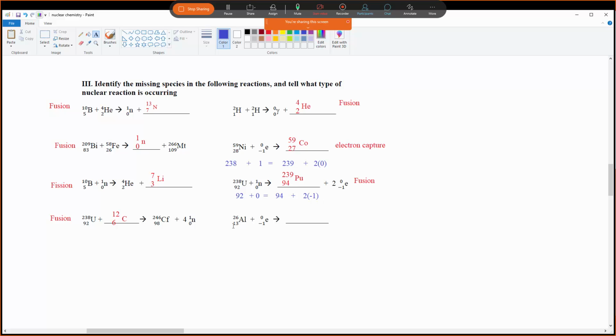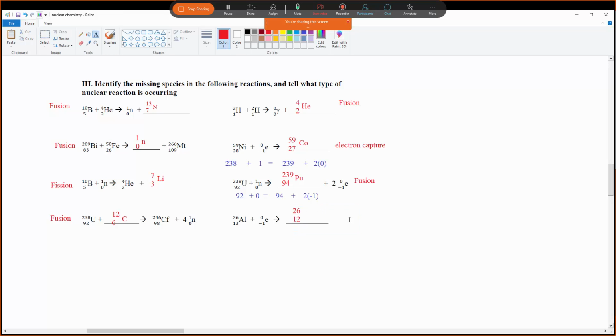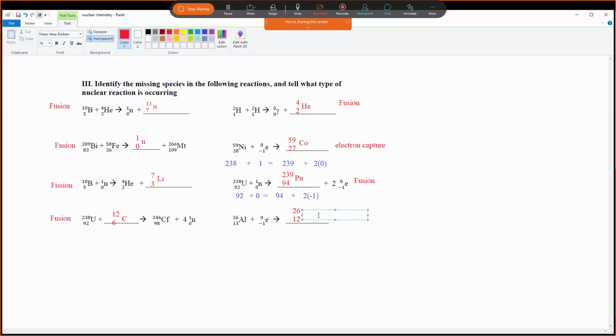All right. Last guy here, we've got aluminum 26, 13. So 26 plus 0 gives me 26 on the top, and then 13 minus 1 gives me 12 on the bottom. And element number 12, if you're checking the periodic table, is always a very good idea.